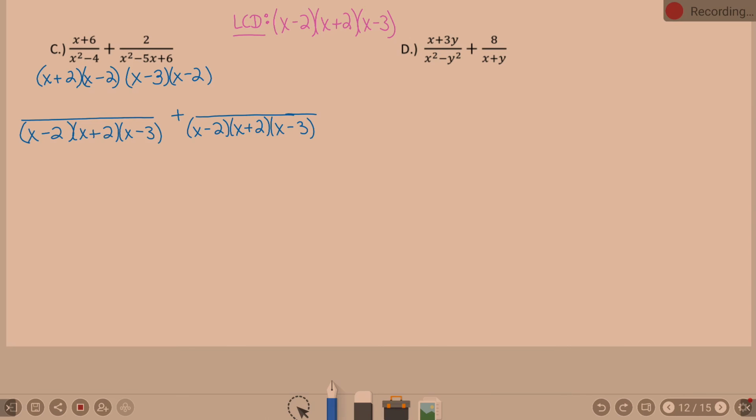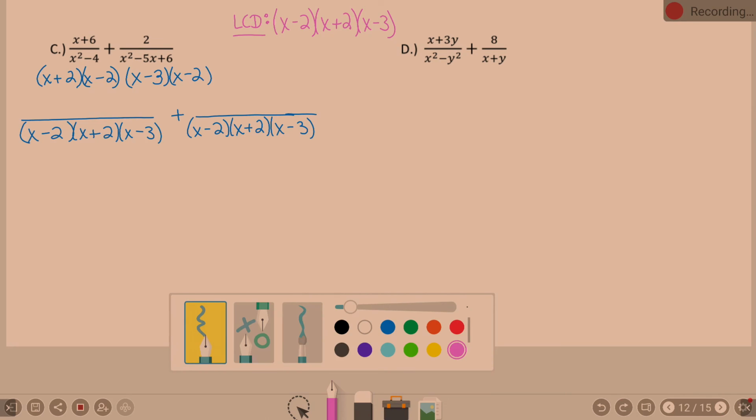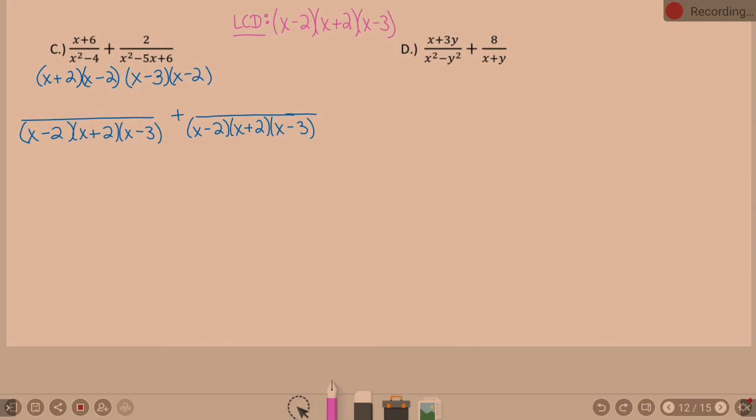Now, in my first fraction, what's missing from my original denominator to get to my common denominator? Well, x plus 2 is there, x minus 2 is there, we're missing x minus 3. So that means up here, we're multiplying top and bottom by x minus 3.